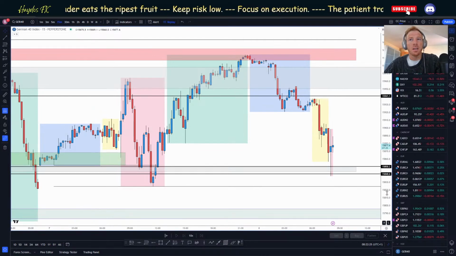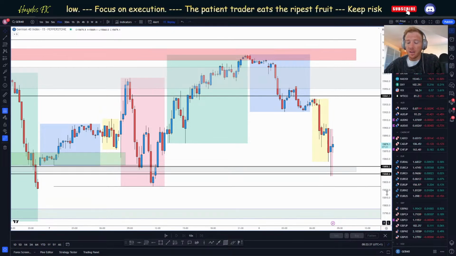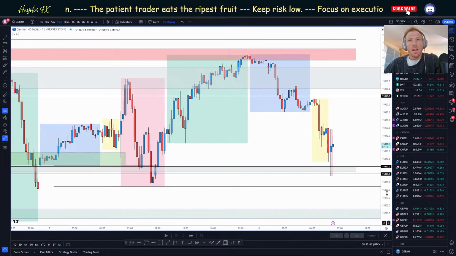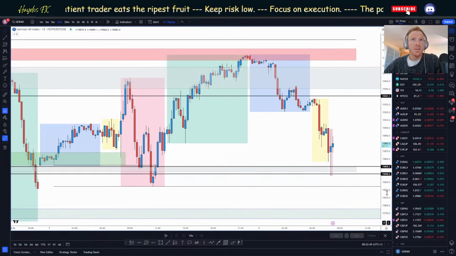I don't overthink the lot sizes when I'm trading on the phone. I just know what's always just underestimate, so that if I do make a mistake with my risk, like if I'm risking 20 pips or something, I can't look too far to the left on the phone.